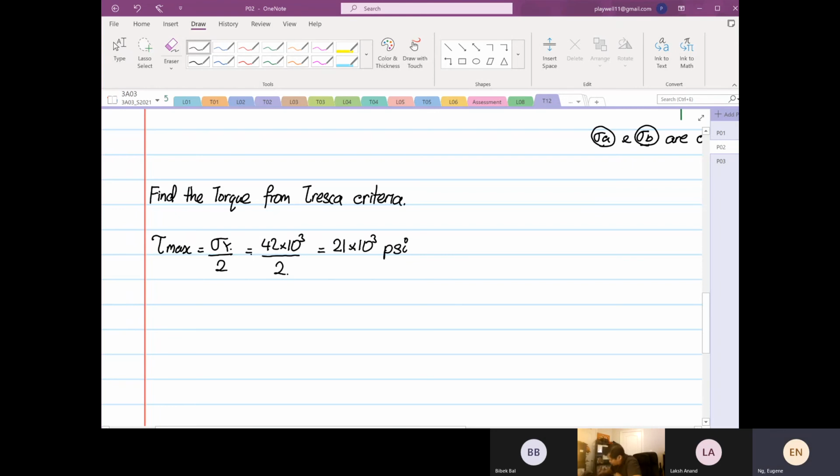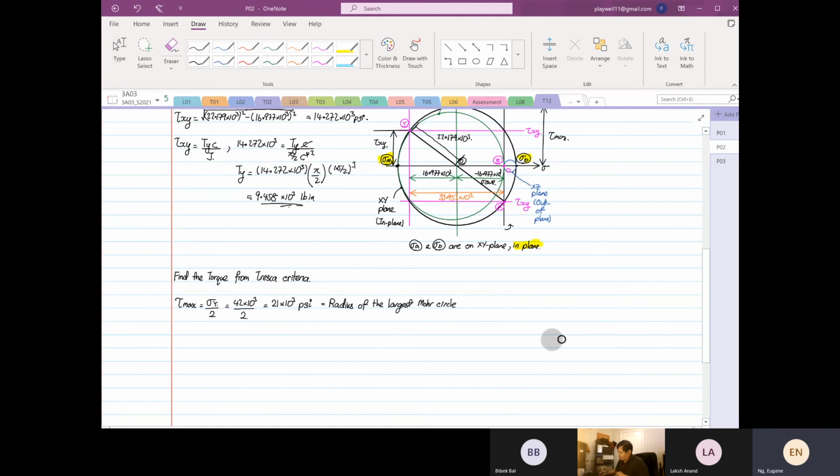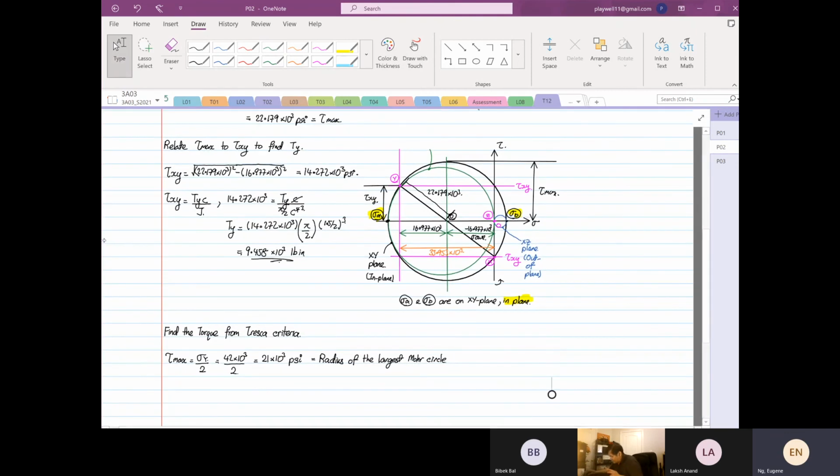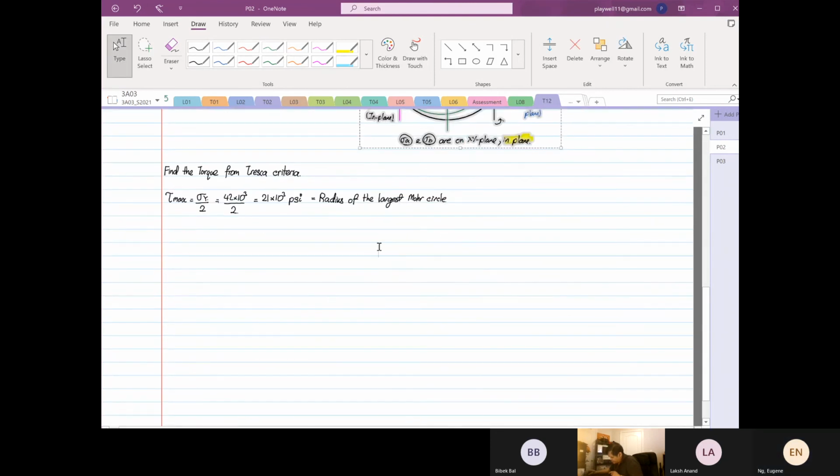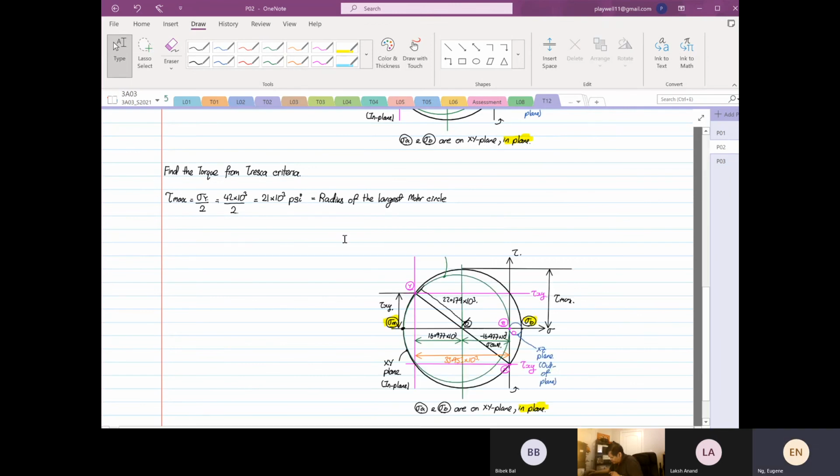And this is also equal to the radius of the largest Mohr circle. Okay, so regardless whether you use Tresca or von Mises, the Mohr circle will still be the same. Okay, so we're going to look at this Mohr circle. But something changed, and I'll tell you what changed.